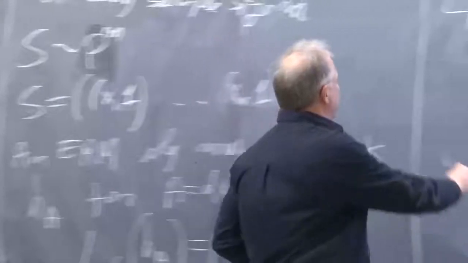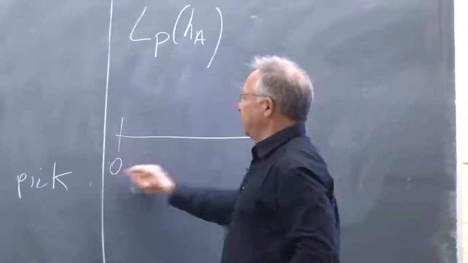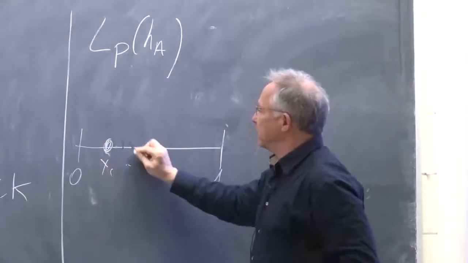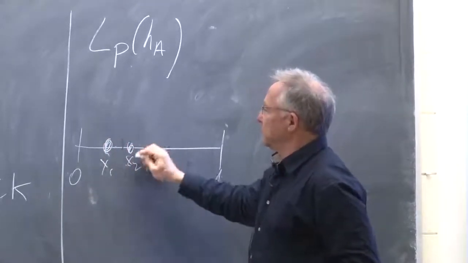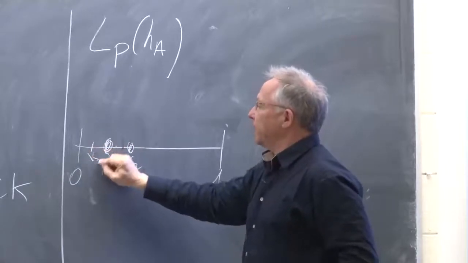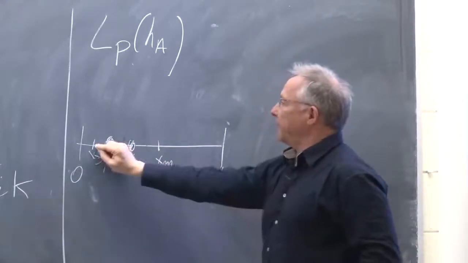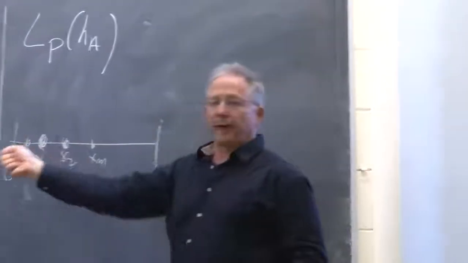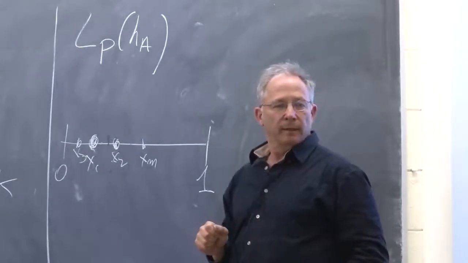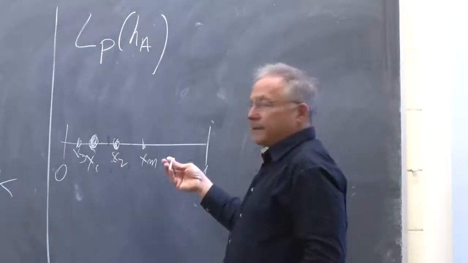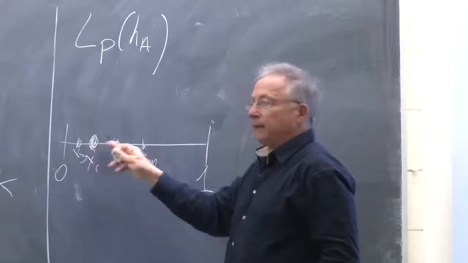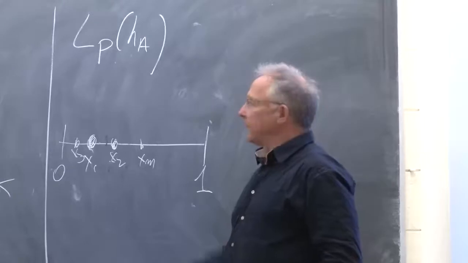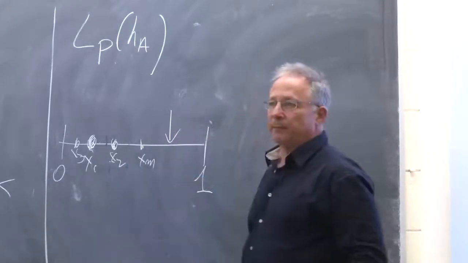I have my interval [0, 1] here, and I have here the elements x1, x2, x3, xm, finitely many points that were picked by the sample S. Now, if I pick a point randomly, what is the probability that I will hit another element of this sample? 0. So what's the probability that I'll hit a point which is outside the sample?